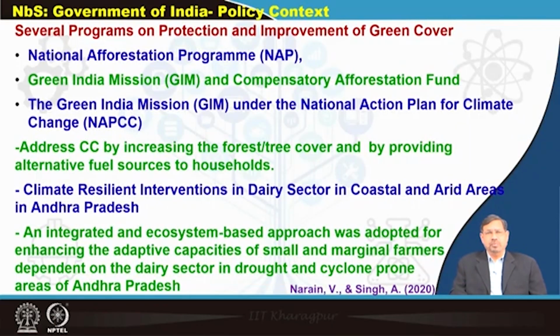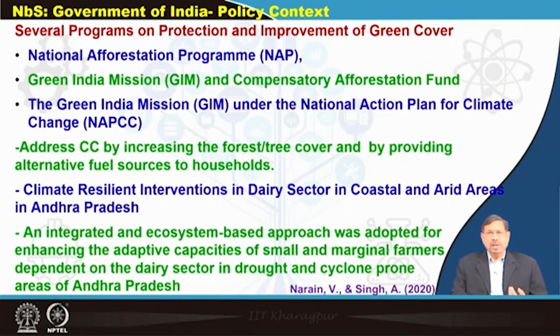Climate resilient interventions in the dairy sector in coastal and arid areas are going on in Andhra Pradesh at a state level. In the same state, an integrated ecosystem based approach was adopted for enhancing the adaptive capacity of small and marginal farmers who are dependent on the dairy sector. This overcomes problems in the drought and cyclone prone areas of Andhra Pradesh.